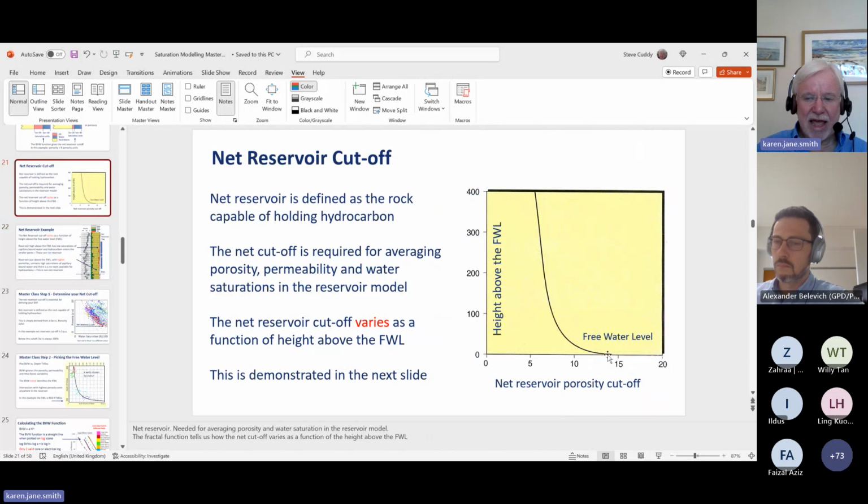So even if it's very good quality rock, the capillary forces are so great that there is no entry pressure for the hydrocarbon. Maybe we can discuss this later. But for deriving the curve, we need a cutoff, so we just use a cutoff from up here where we're trying to get the best match.